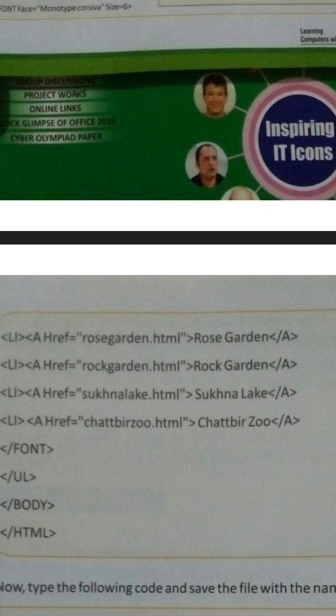Now one more thing, in a opening, one more attribute is given. This attribute is href. As I told you, for making a link to the image, you require an image to which you want to link.